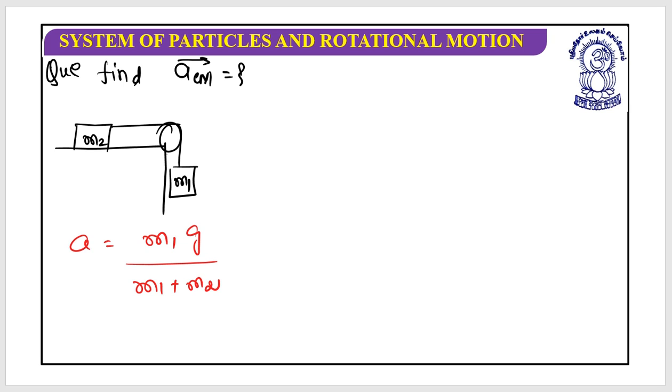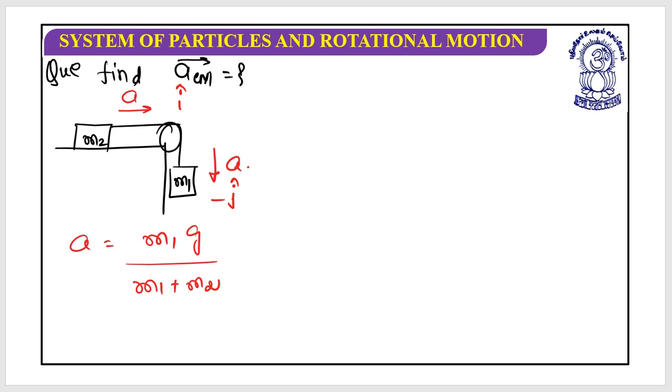Both blocks, m1 and m2, are moving with the same acceleration, but the directions are different. As m1 is moving downward, m2 is moving forward. So the acceleration of m2 is in i cap, and the acceleration of m1 is in minus j cap. I hope this is clear.